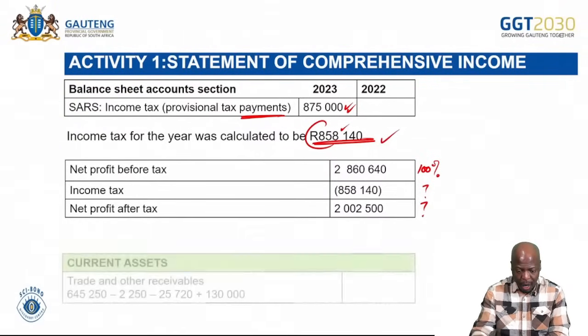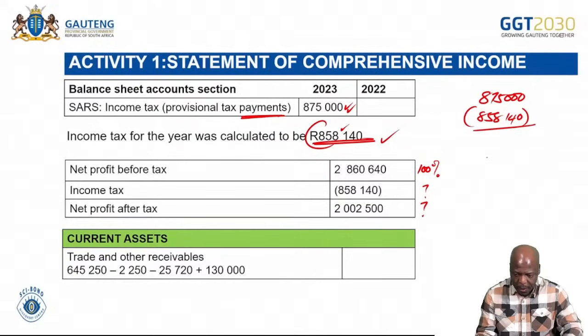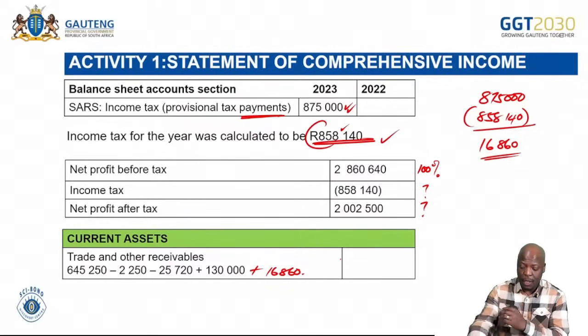The difference would therefore come to your receivables. How do you get the difference? It's 875 minus your 858,140. The difference would be 16,860, which you'd bring here and say plus 16,860.